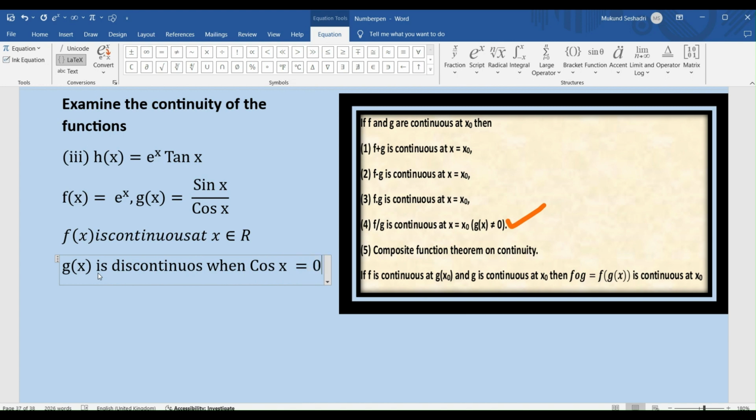Otherwise, sine of x and cos of x individually are continuous functions. But when I combine them and represent it as tan x, which is sine x by cos x, then the function becomes discontinuous whenever cos of x equals 0.